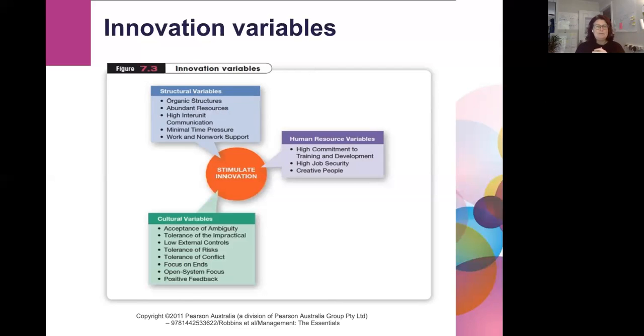You might be familiar with Google's discretionary time principle, where people, normally programmers, have 20% of their time to work on any project that they care about. They can do that at their own leisure, and it's designed to give them autonomy, but also to reduce the time pressure attached to that particular piece of work, which will help them be more innovative.